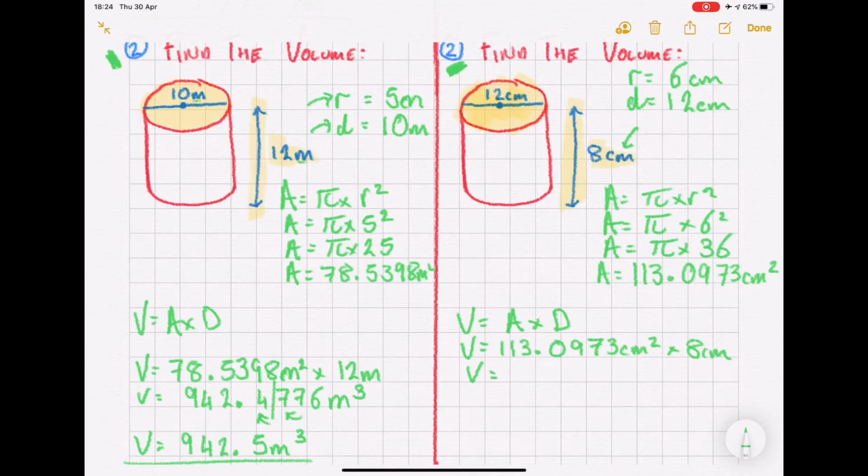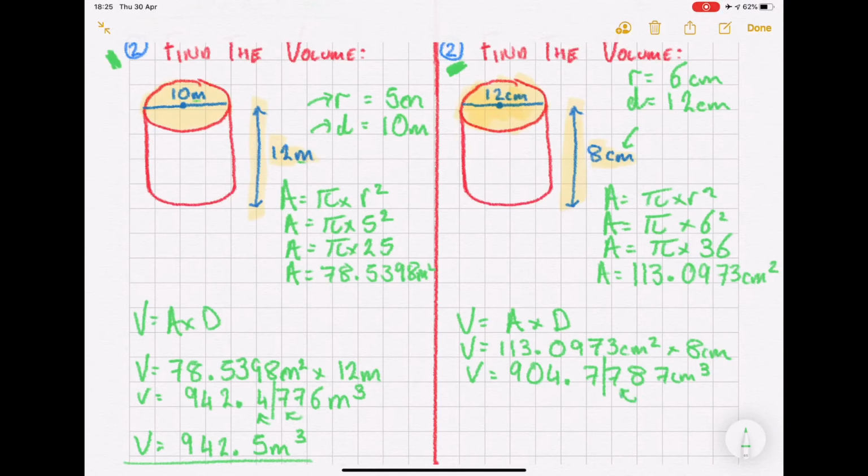We type that in, times 8. That gives us 904.7787 centimetres cubed.